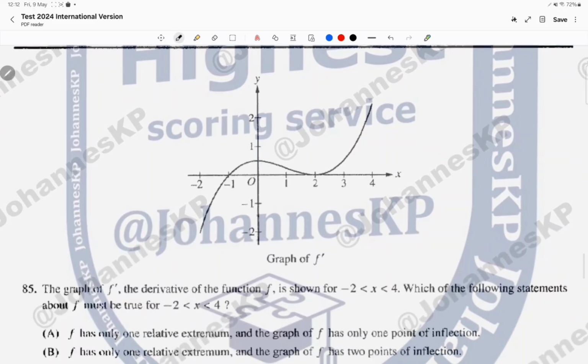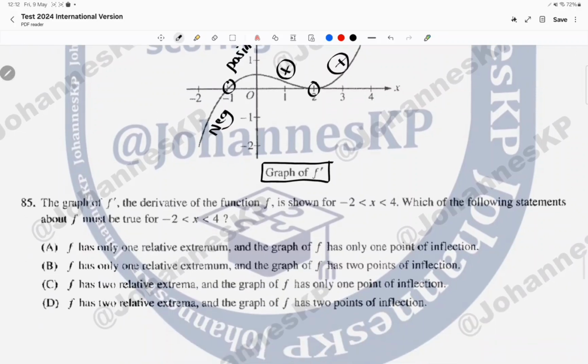85. Okay, so this is the graph of f prime. To have an extremum, it must be hitting the x-axis, and it has to be going from negative to positive or positive to negative. But going from positive to positive is not going to count as an extremum. Okay, so it's not C and it's not D. Okay, what's an inflection point?